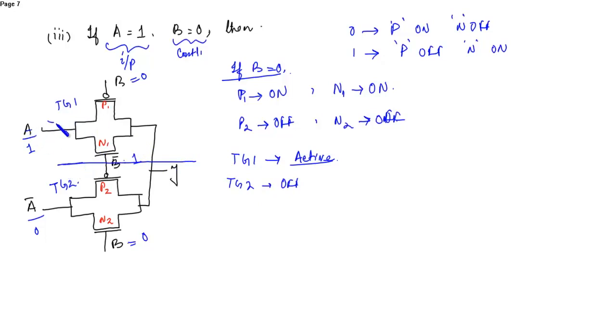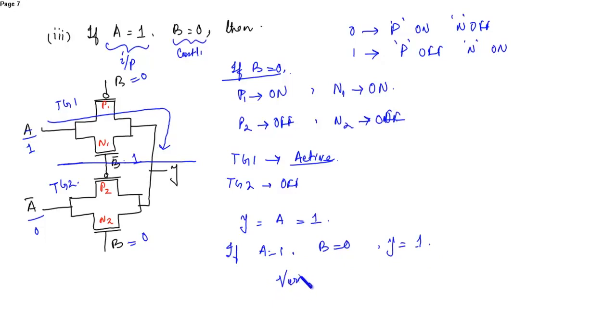Whatever will be the input A will be obtained at the output Y. So Y will get A, that is equal to 1. So if A is equal to 1, B is equal to 0, then Y is equal to 1. That is what we have obtained at truth table. So this is also verified.